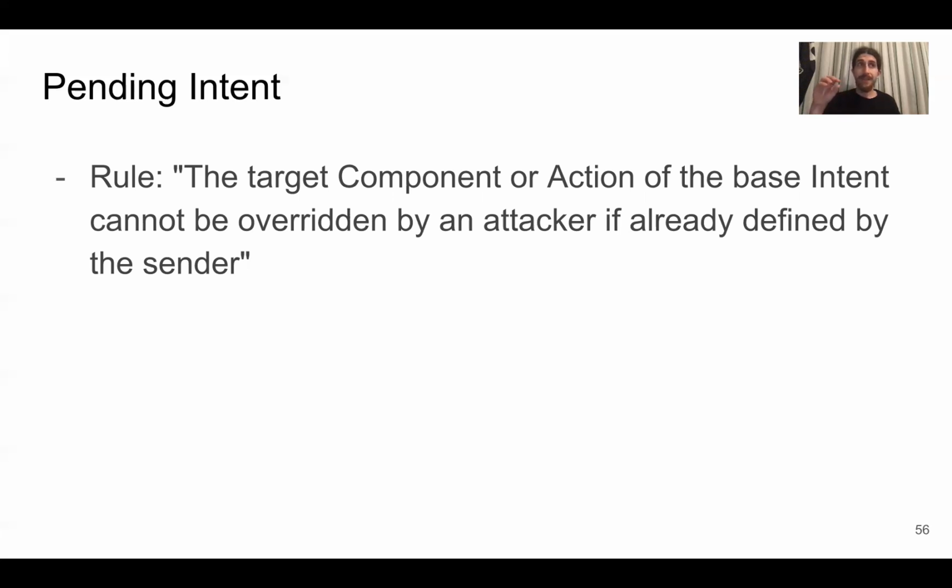If this intent already specifies the target component or action, then I cannot do much. Either I do what this intent is specifying, or that's it. However, if this pending intent wraps an intent that does not specify anything, so it's empty, with no target component or target action, then the crazy thing is that the receiver app can modify this intent. It can select which activity or which service to target inside, and then use it.